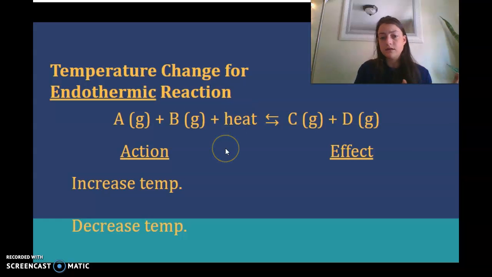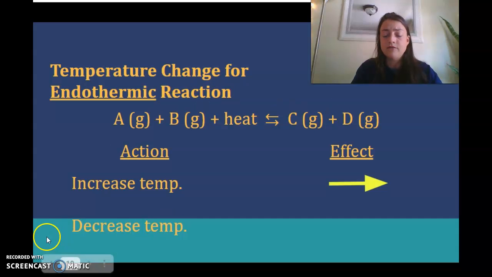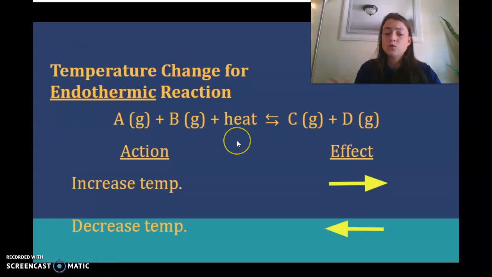So we're increasing our reactants, and that means we're going to try and make more products to use up some of that heat. And the opposite is true. If we were to decrease the temperature, we're taking away one of our reactants, and so we're going to shift towards our reactants to try and make more of that heat.